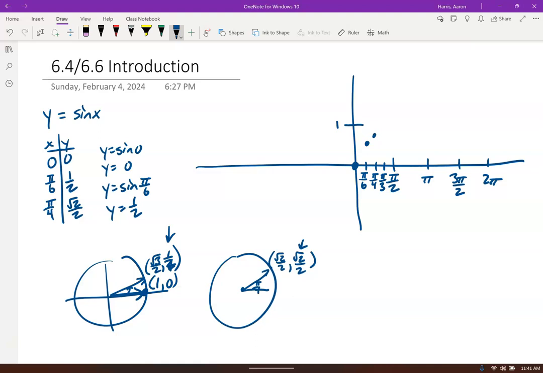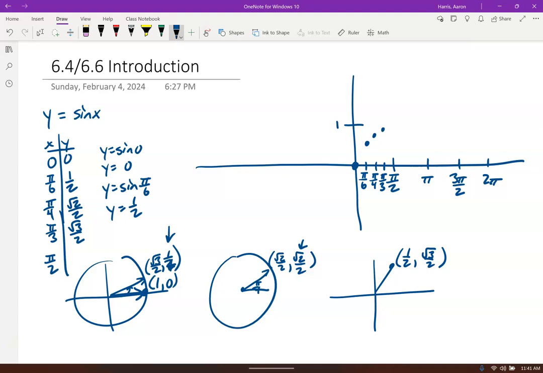I find out what that is, I plot it on my graph. Now I'm going to go to pi thirds, and then pi halves. What's the sine of pi thirds? Root 3 over 2. I put that point on, a bit higher.